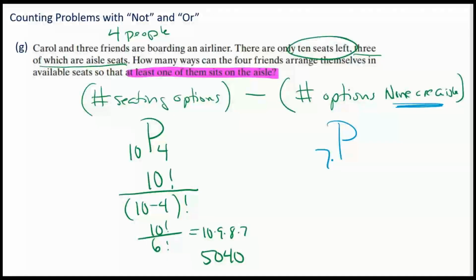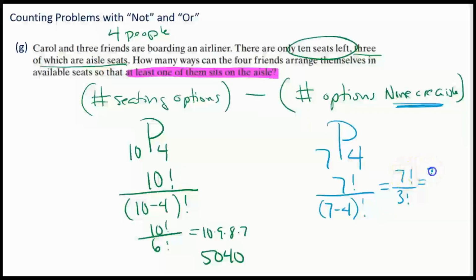And how many people are picking them? 4. We don't want this option at all. Somebody needs to sit on an aisle seat. So that's why we're subtracting it out. So this is, again, the calculation of how many possibilities are available where nobody is sitting in an aisle seat. Okay, so that's going to be 7 factorial divided by 7 minus 4 factorial, which is 7 factorial over 3 factorial, which, now remember what you do.